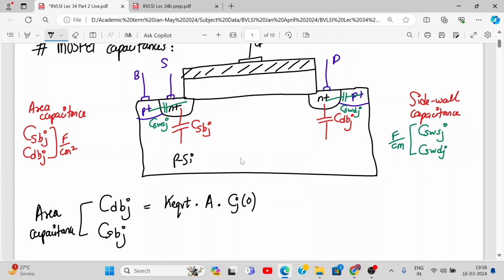Yes, because this is dimensionless. Why am I writing area? Because which junction we are talking about, 1, 2, 3, 4, we don't know. So we have written a table, right? Where the area is different for them. So the unit will be farad. Understood this? K equivalent Cj0 A.